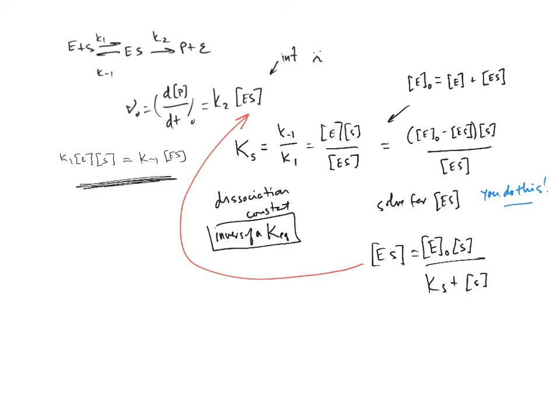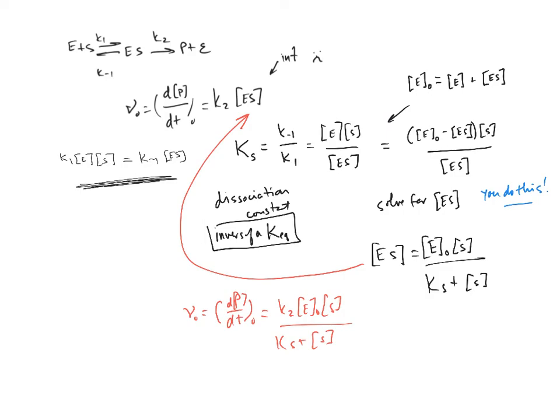And so that's what we did. So if we plug that back in, we get this expression for what we were originally after, which is my rate of the production of my product. K2 E naught S over Ks plus S. So the rate is going to be proportional to the total concentration of the enzyme.